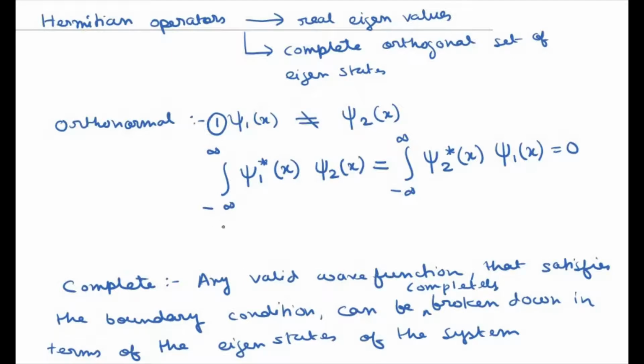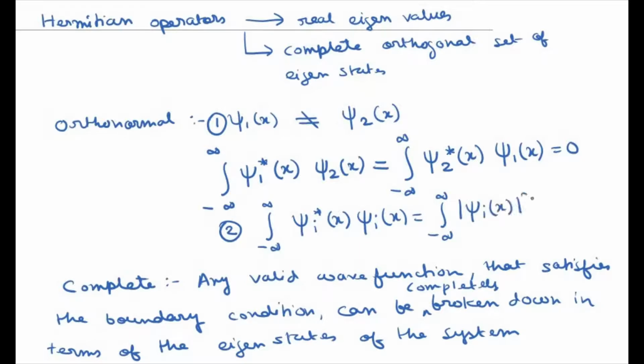that we have the integral from minus infinity to plus infinity of psi I star x psi I x, which is equal to the integral from minus infinity to plus infinity of mod of psi I x squared, should be equal to 1.